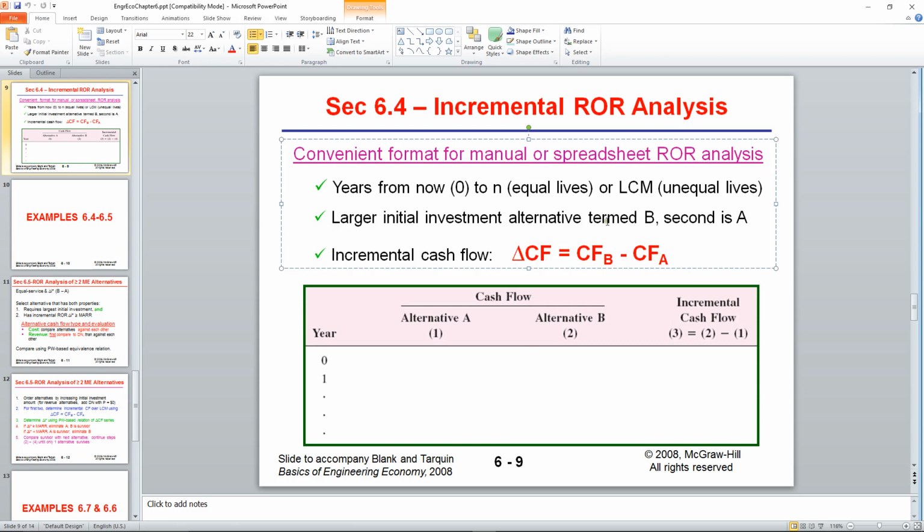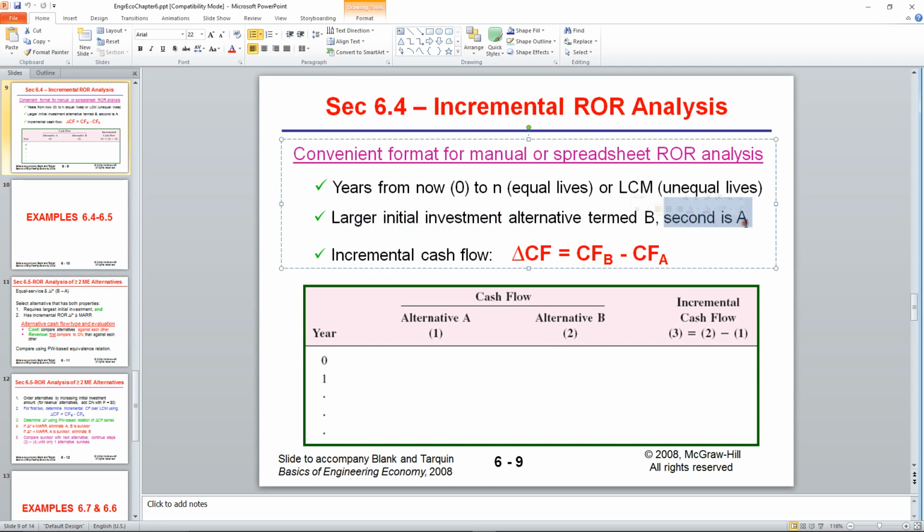So in this case, alternative B, which is the second column right here, will be the one with the larger initial investment. So that's the first thing that you're going to take note of: which one has a larger investment, and that one's going to go in column number 2.